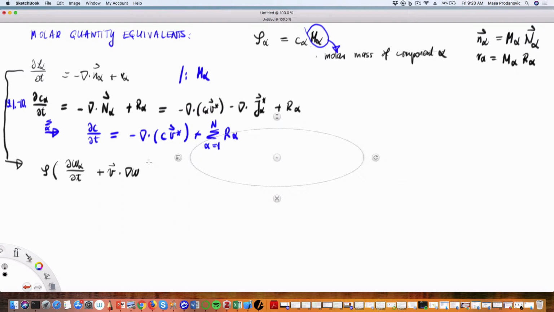whoops, how did I do that? So basically, I wrote n alpha for what it is, so it has a convective component.